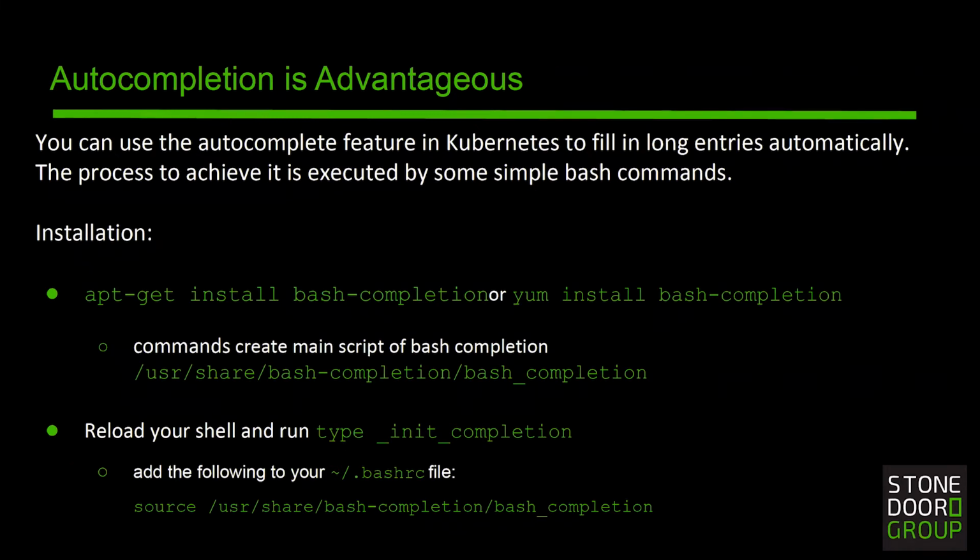This command is going to be creating this /usr/share/bash-completion and the main script of bash_completion. It really just depends on your package manager. Then all we do is reload our shell and run this init completion. If the command succeeds, we're already set and good to go.